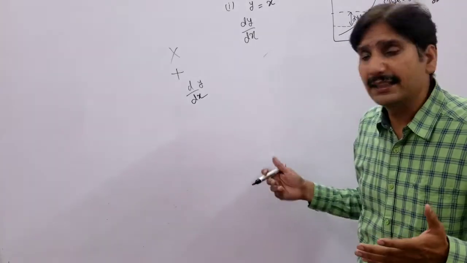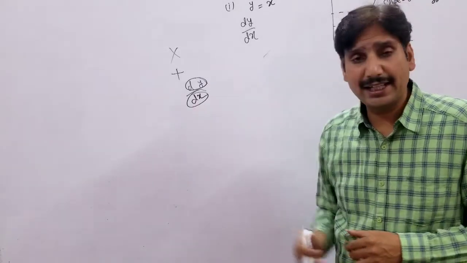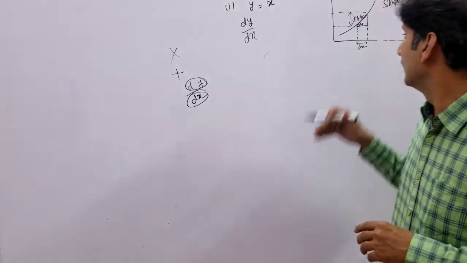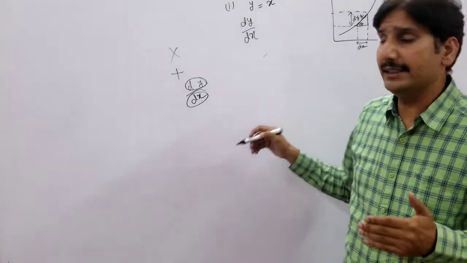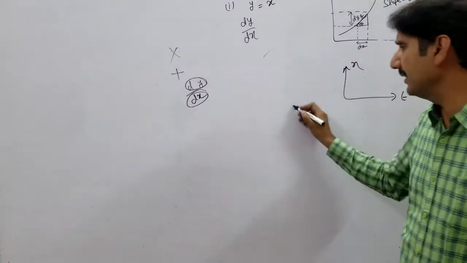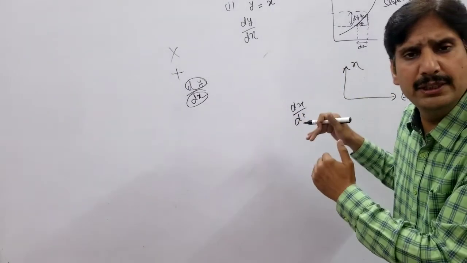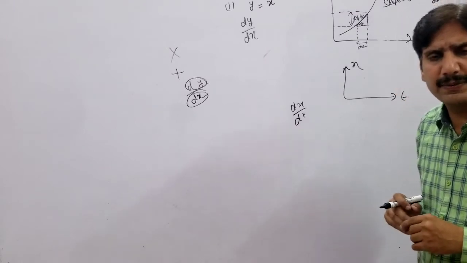This simply means how a change in y occurred as I changed x by a small value. Now, if the graph is between y and x, you may write it as dy by dx. Had the graph been between x and t, it could have been written as dx by dt. Whatever is along the y-axis is written in the numerator, and whatever is along the x-axis is written in the denominator.